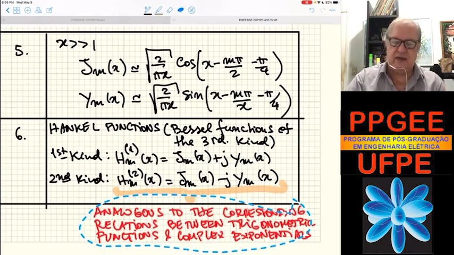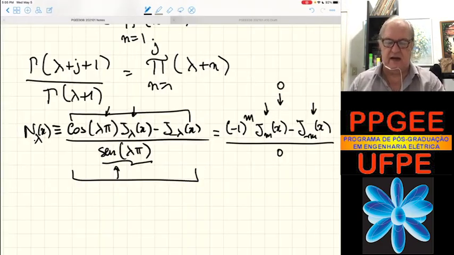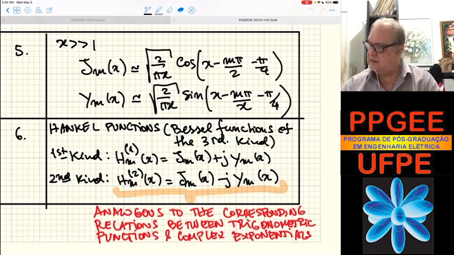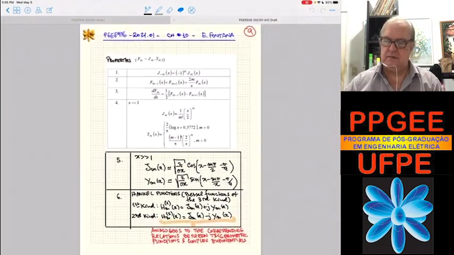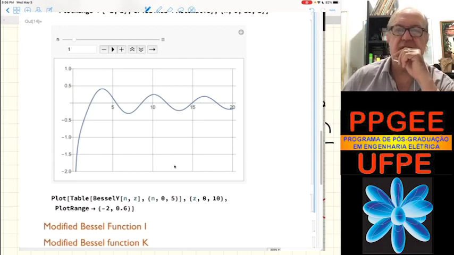So let's just take a look at those asymptotic behaviors in practice, how good they are, right? Let me show you here on the computer screen.